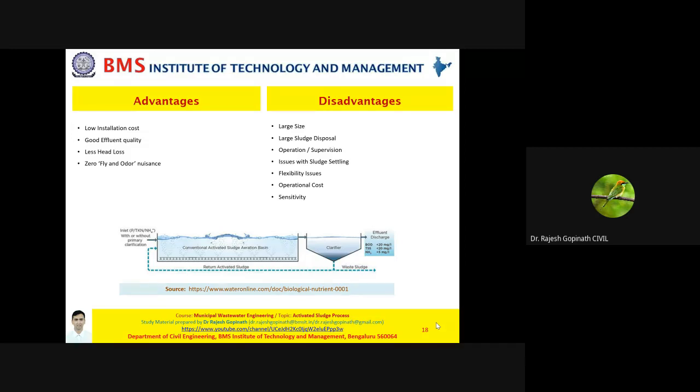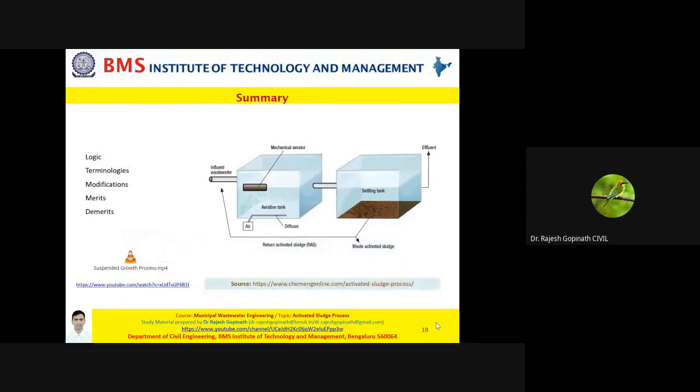So my dear friends, these are the merits and demerits of the system. So what did we learn today? We understood in a simple manner the working principle of the activated sludge process. We also got to hear about certain terminologies such as activated sludge, waste sludge, return sludge, MLSS, F by M ratio.